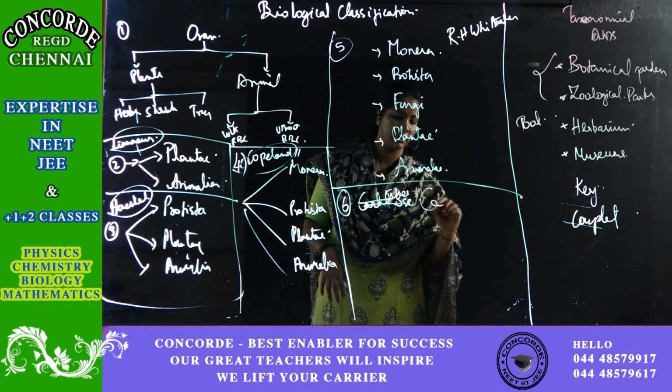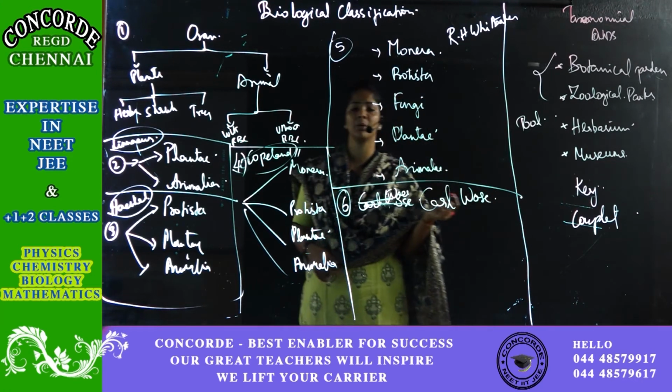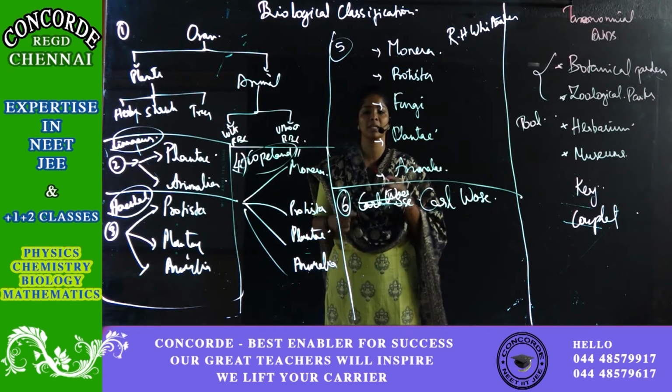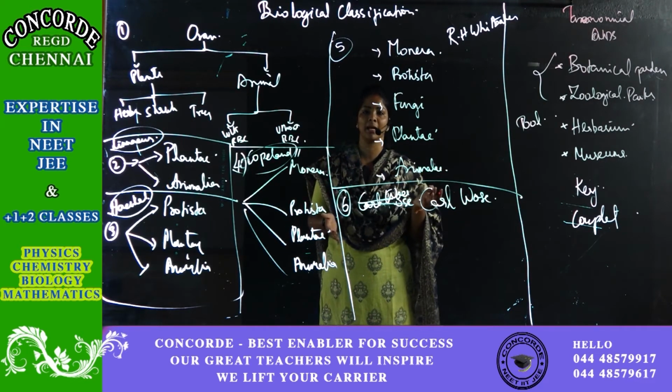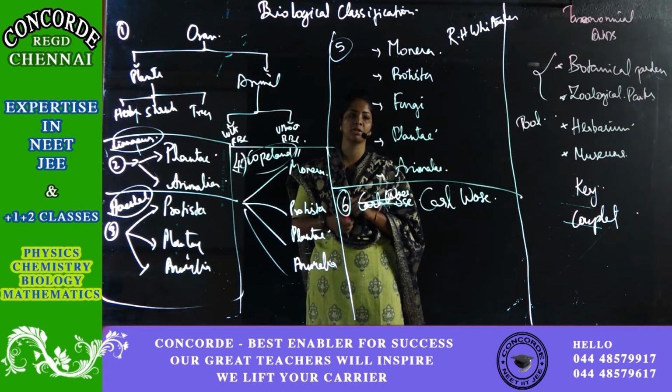I'm writing it again: Carl Woese. He is the one who gave the six kingdom classification. The difference is that Monerans were split into Archaebacteria and Eubacteria. But actually, five kingdom is the most widely accepted methodology of classification.